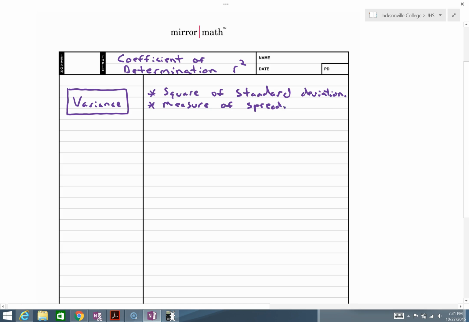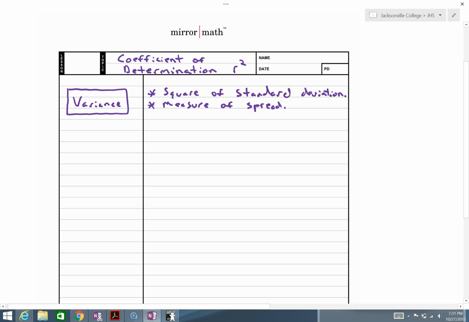Thus far, we have discussed exclusively standard deviation in lieu of variance because standard deviation is in the same units as the mean. If the mean is miles, standard deviation is miles. If the mean is ounces, standard deviation is ounces. Variance is in the square of those units, so it's a little harder to understand what variance is representing unit-wise.